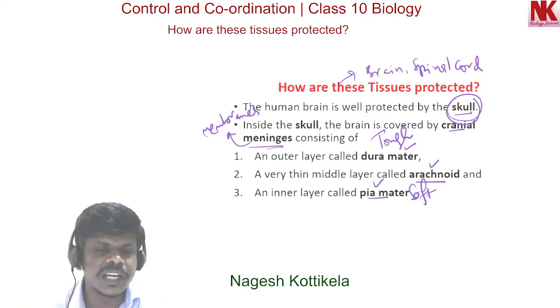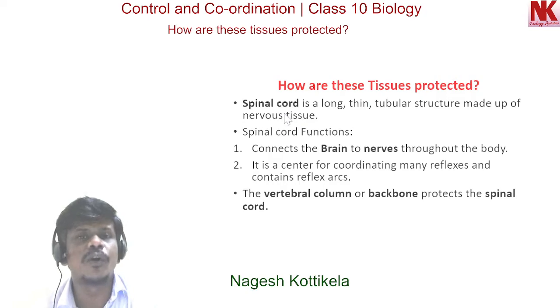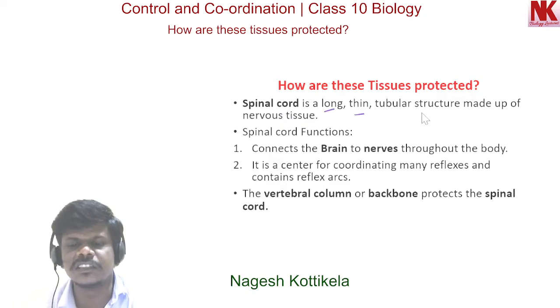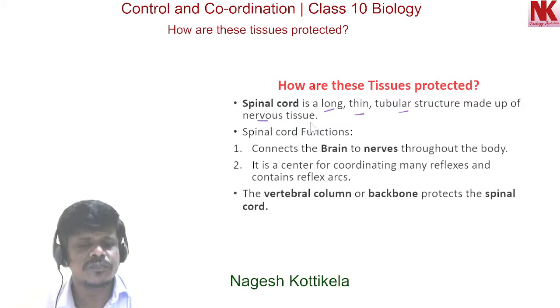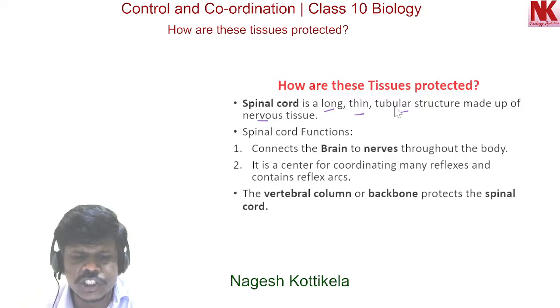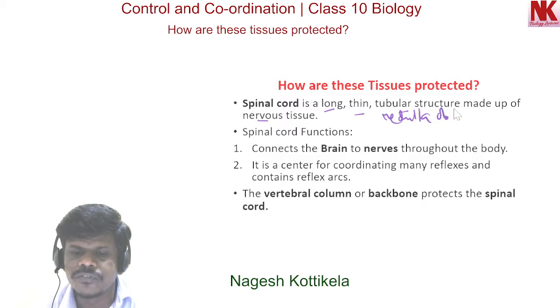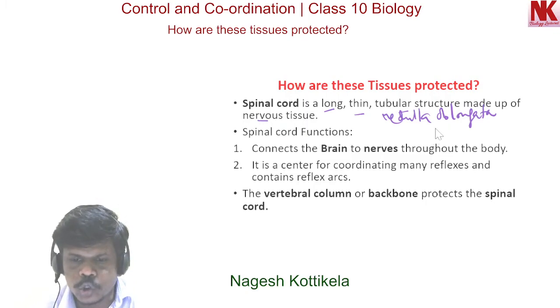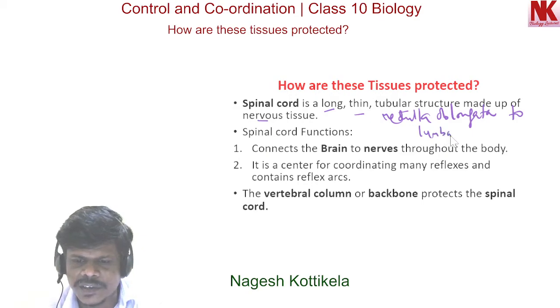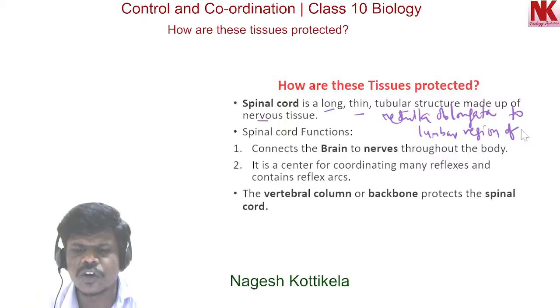Now, moving to the next, the spinal cord is a long, thin tubular structure made up of nervous tissue. It extends from the medulla oblongata of the brain to the lumbar region of the vertebral column, that is, the backbone.